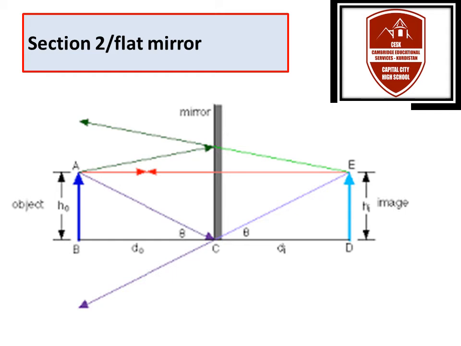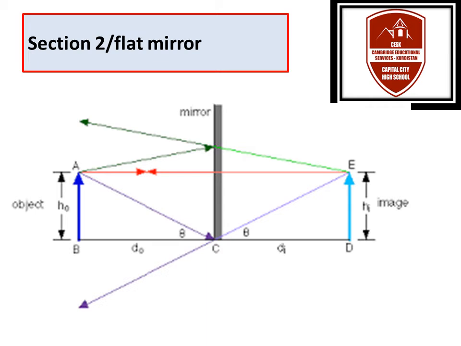Section 2, flat mirror. Here, as I said, each mirror has two surfaces. Here we have a smooth surface to the left, and a hard surface to the right. So if you see, read here, object.